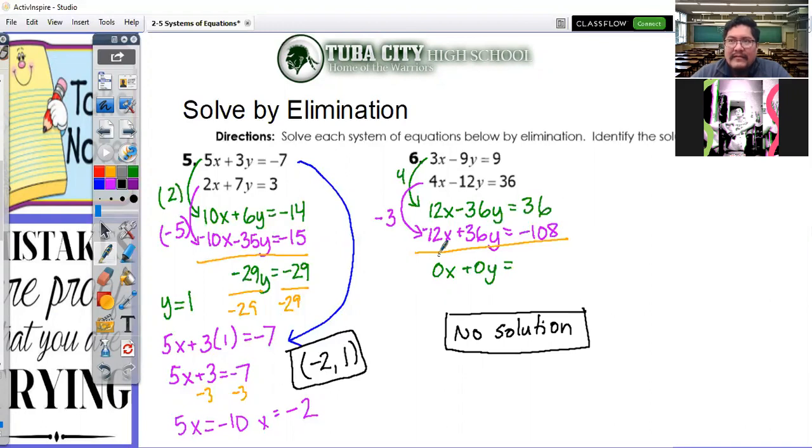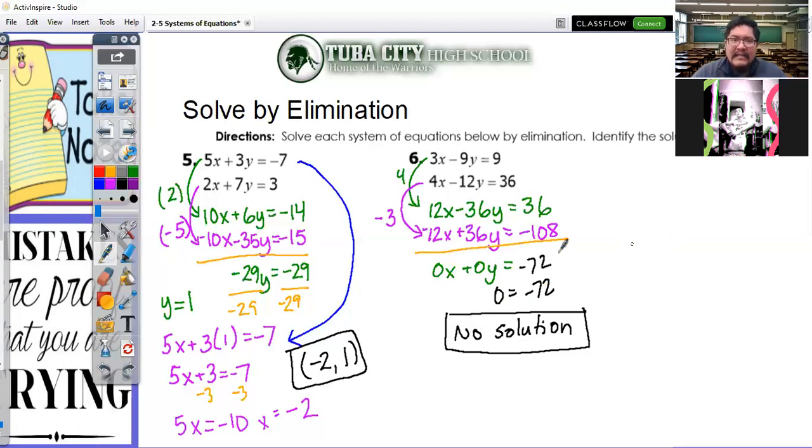In this case, it's no solution because it's a false statement. It's untrue, because 0 times x would be 0, 0 times y would still be 0. So I'd get 0 equals 36 minus 108, that'd be negative 72. That's false. 0 is not the same thing as negative 72.